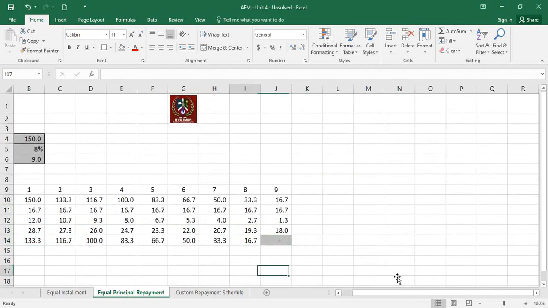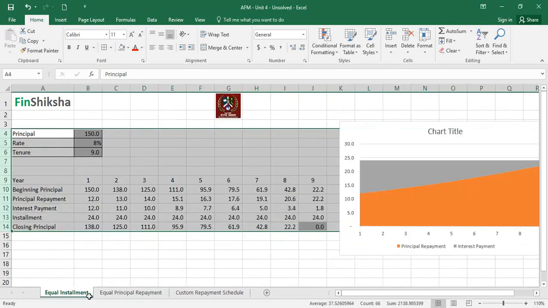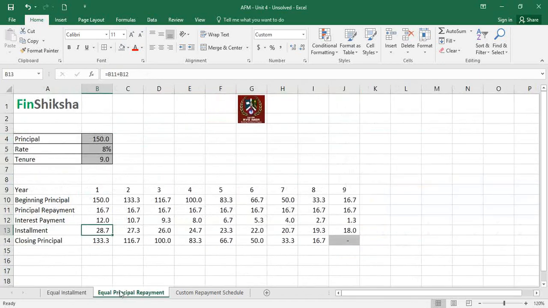So closing principal goes back to zero, but what we see is that the installments keep reducing now. They start with a bigger installment number, but in the previous case we were having 24 crore as the installment. Here we start with 28, but we end with 18, and it keeps reducing because interest payments go dramatically lower, and principal repayment is kind of fixed.